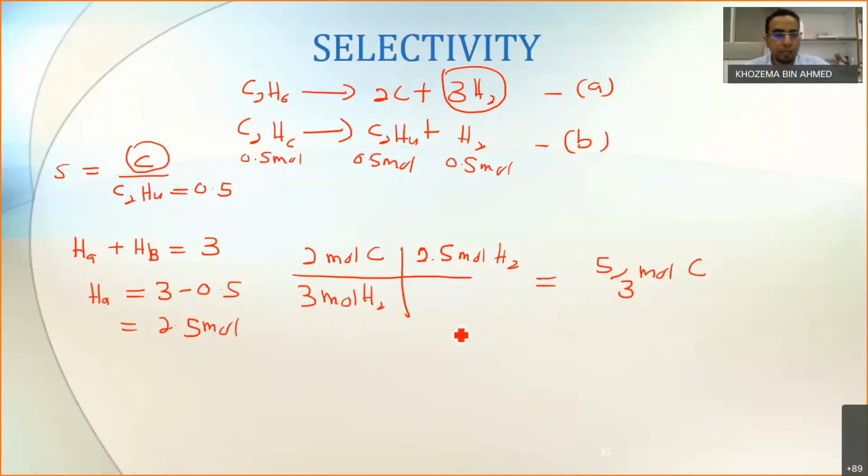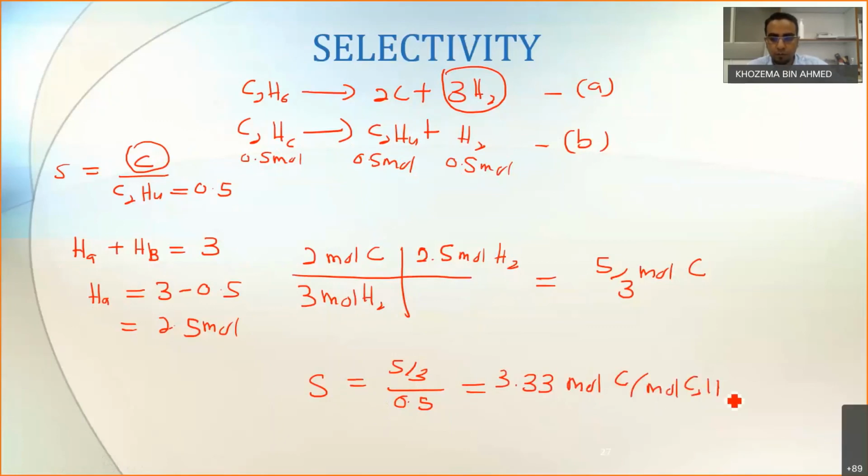Now that I have the moles of carbon nanotube, I can find my selectivity as 5 over 3 divided by 0.5. I get an answer of around 3.33 mole of C over mole of C2H4. That is how you find selectivity.